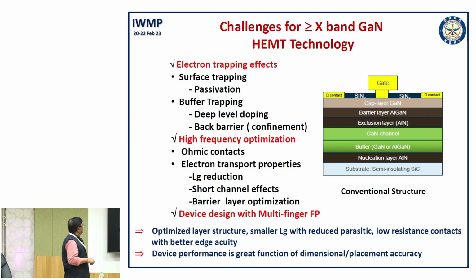And then for high frequency optimization, as I have already mentioned, reducing gate length is not the only requirement, you have to optimize your layer structure as well as your device design.